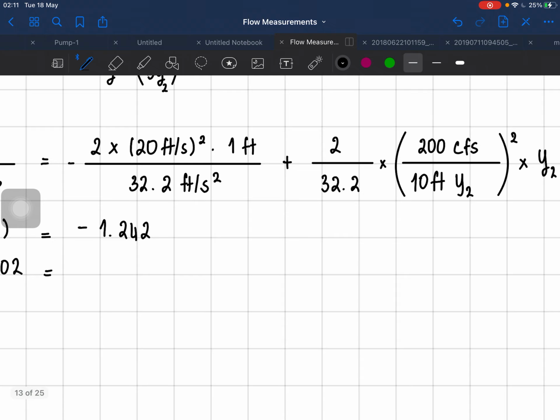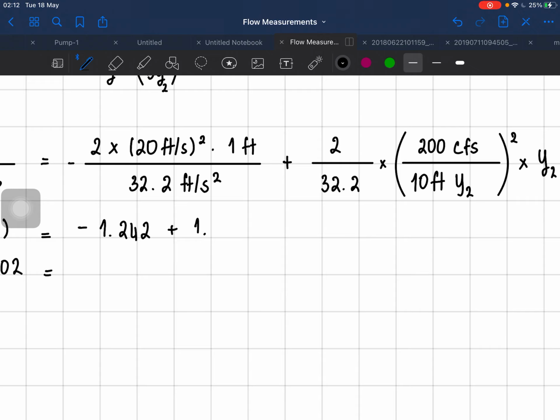So now let's compute the coefficient that is in front. This first: 2 times 200 over 32.2 times 10. It's plus 1. Oh, wait.